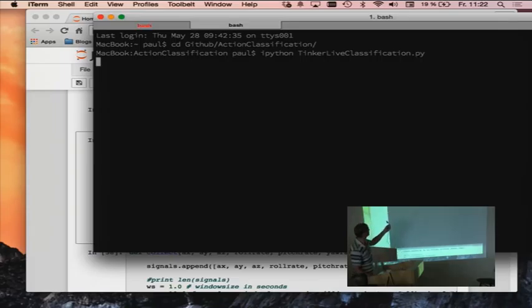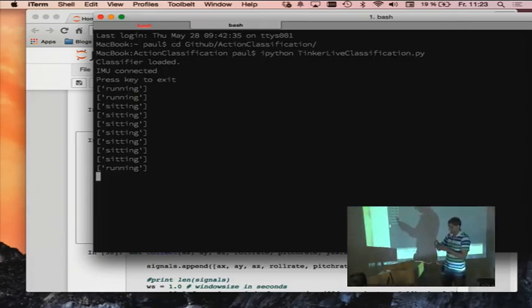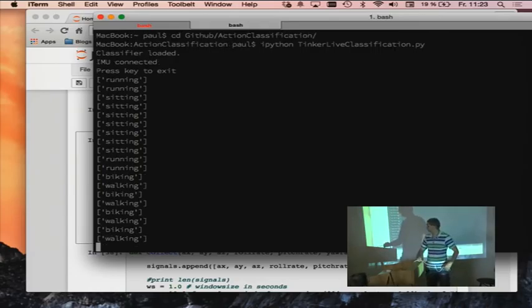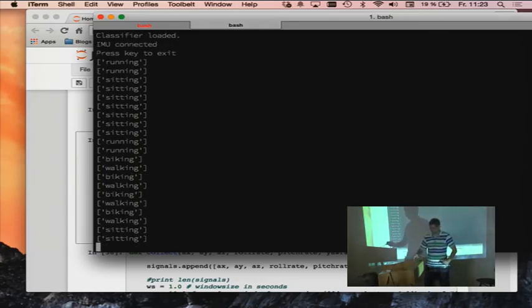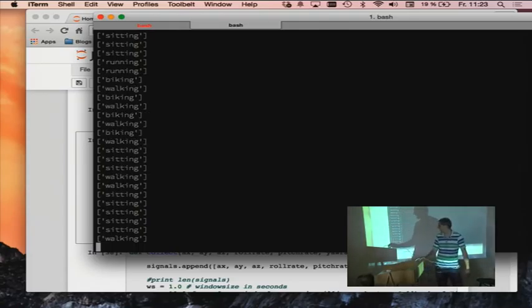So it's connecting to this device, and you see the device is sitting, and hopefully now. So I have to put it in my pocket, because that's where I measured the examples. So now you see the accuracy score isn't 100%, but I think sitting or standing.